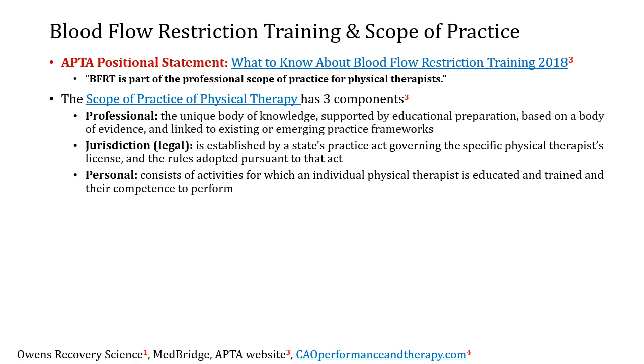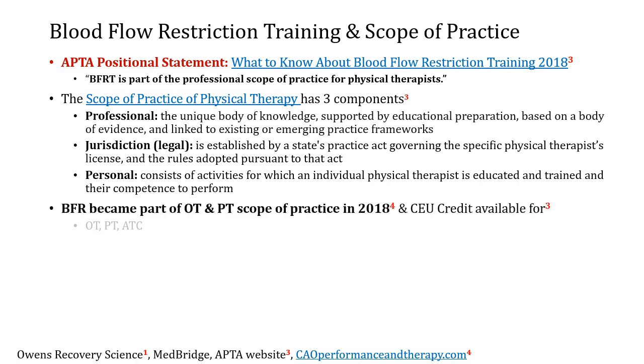The scope of practice of a physical therapist has 3 components. It's professional, which is governed by the APTA; the jurisdictional or legal, which is governed by the state's practice act; and then the personal, which consists of activities for which the individual physical therapist is educated and trained and has the competencies to perform.